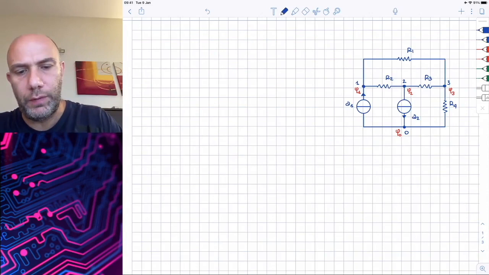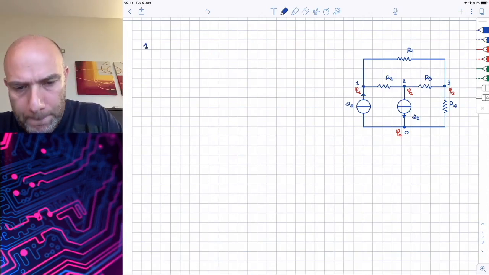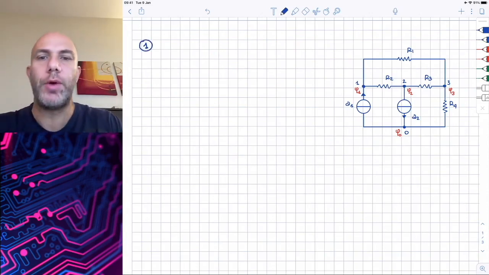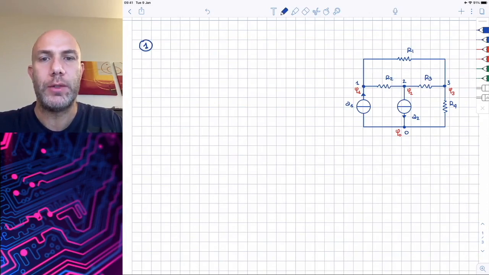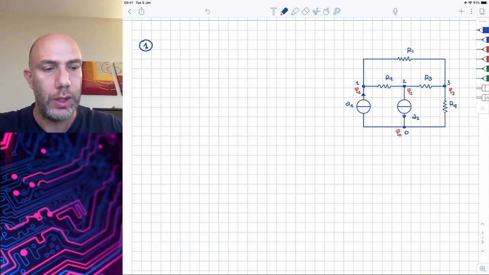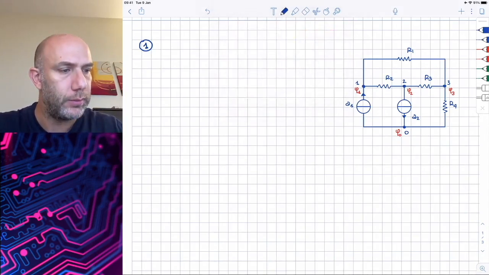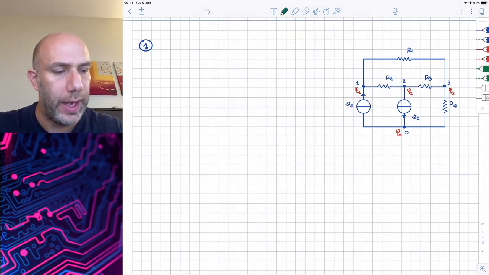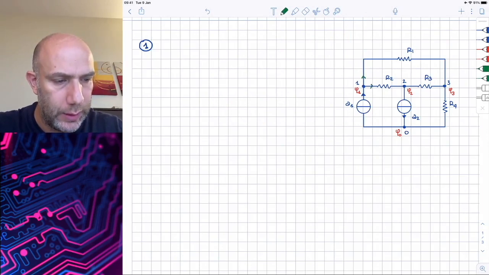Let's now consider, for example, node 1. And let's write the Kirchhoff current law, as we said, considering positive currents when they are flowing outside the node. So, in our case, they are positive if they are flowing with these directions.